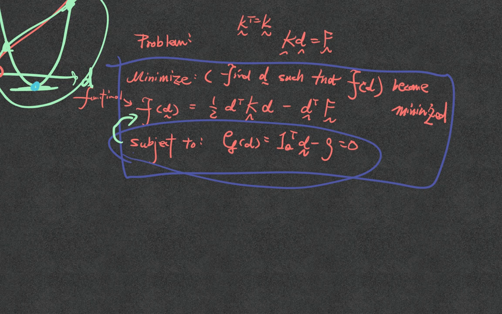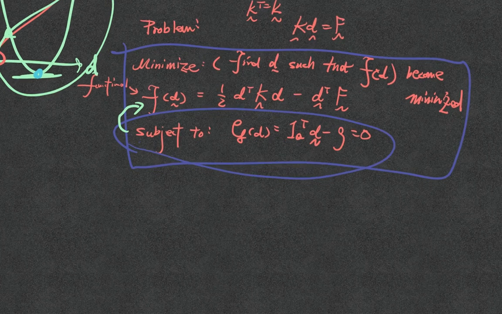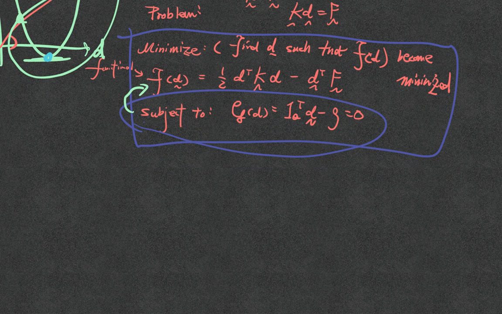That comes with a price, because in order to enforce that, I need to introduce an extra degree of freedom. Like in mechanics, we see it a lot, incompressible Navier-Stokes equations. How do I enforce the incompressible constraint? I can recast it as a Lagrange multiplier approach.